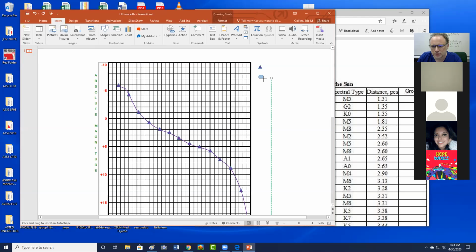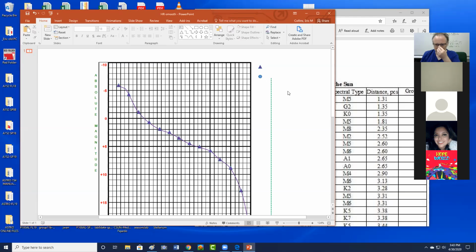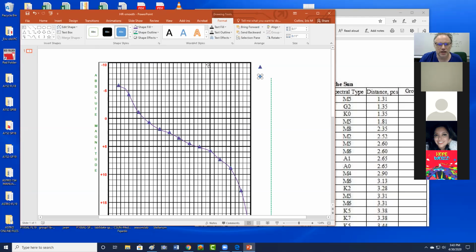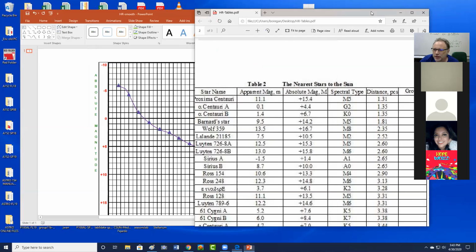I want to use a green circle, and there it is. That's not the right color green, is it? Okay, yeah, green circle.